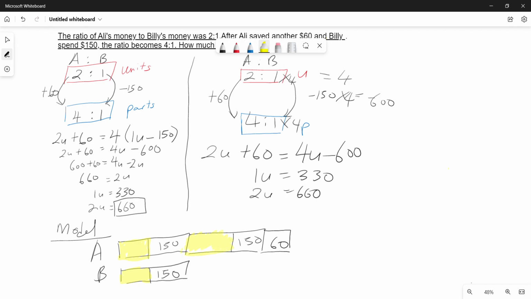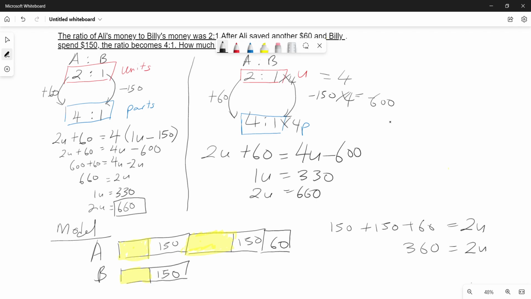And according to ratio, this is 4:1. Which means to say there's 2 units here. That means the remaining 150, and 60 must be 2 units. That means 150 plus 150 plus 60. This will represent 2 units. So what is this? 300 plus 60. 2 units.